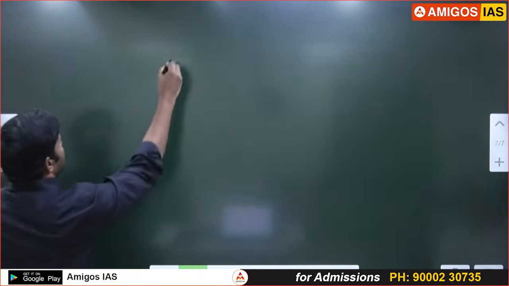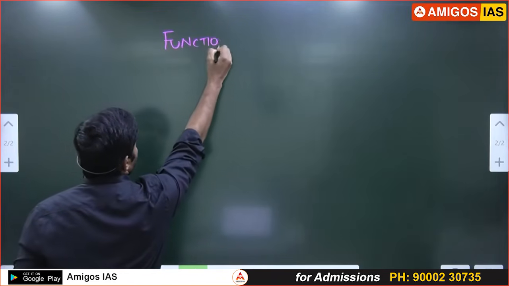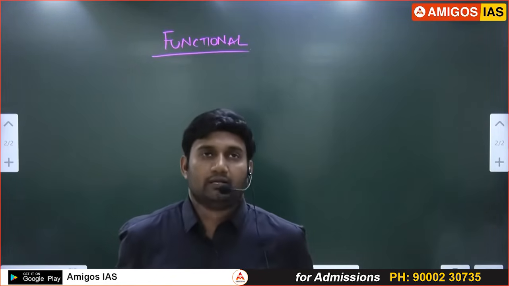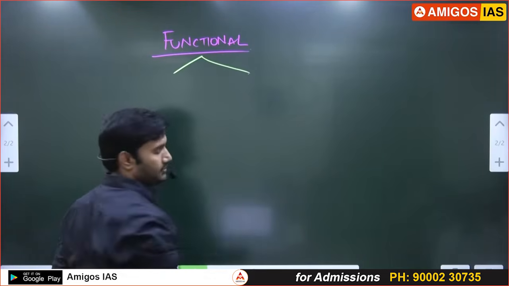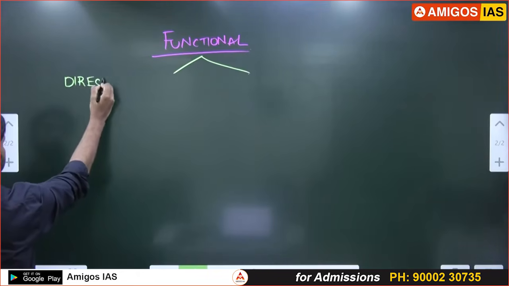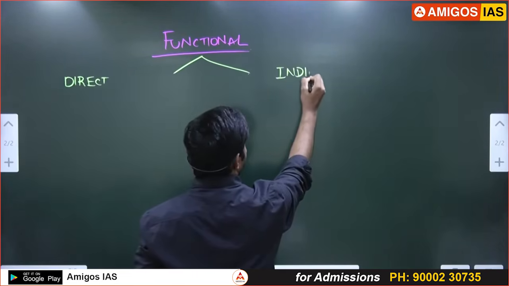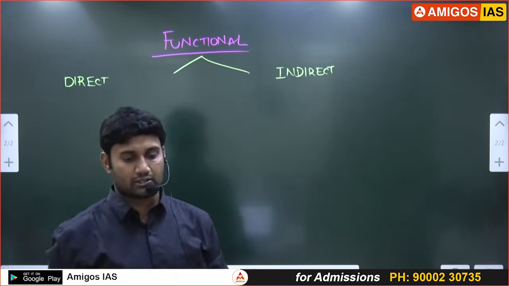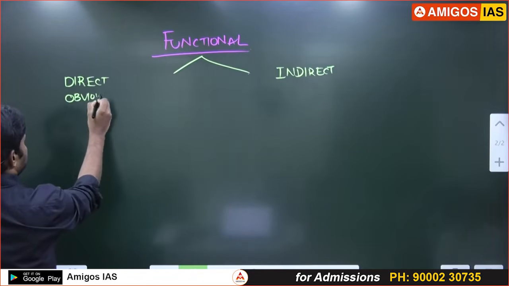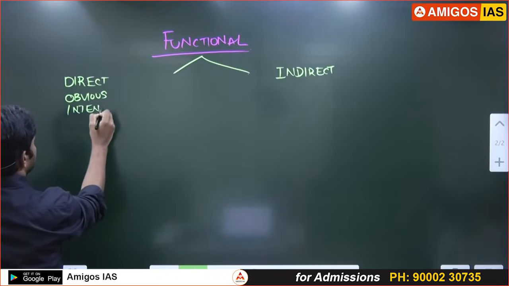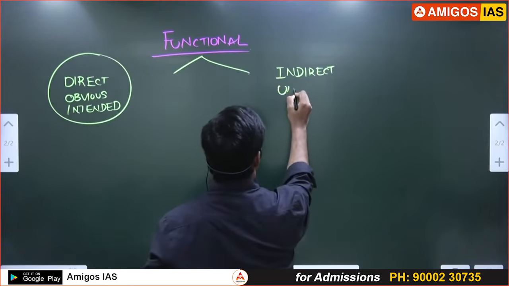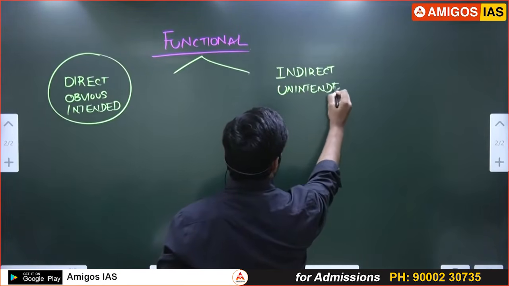So these are all the structure, and then functional analysis of the village system. Generally this functional analysis is classified into two types: direct or indirect. So direct functions, also termed obvious functions or intended functions, and indirect functions, which are unintended, derived functions.